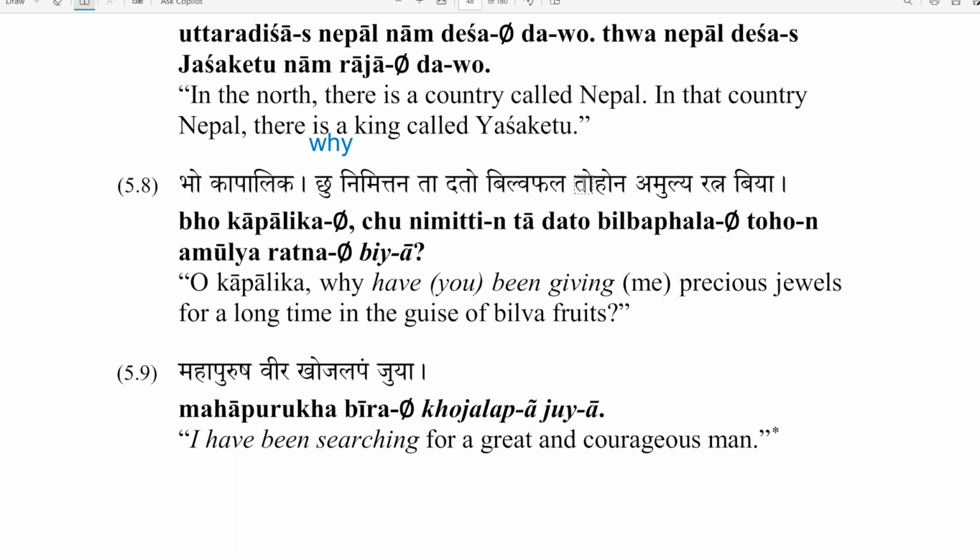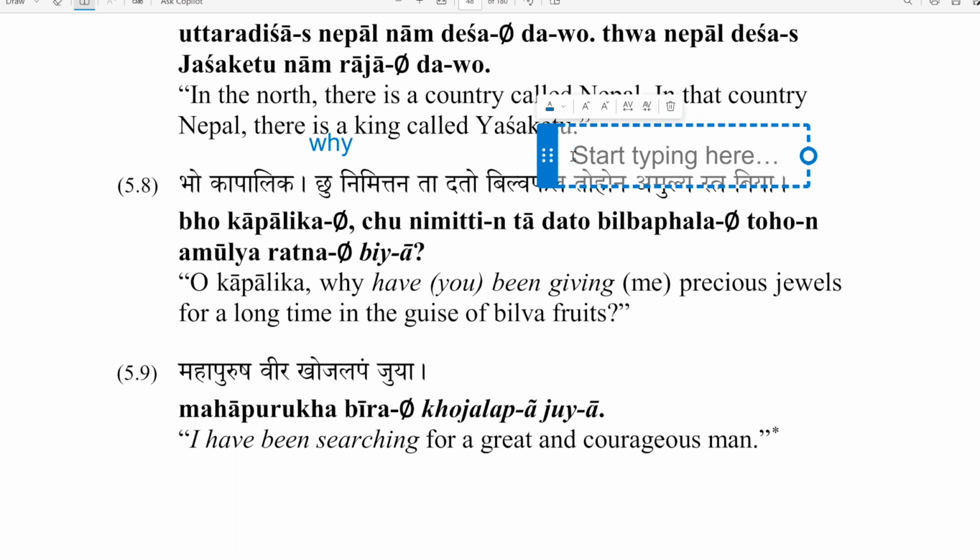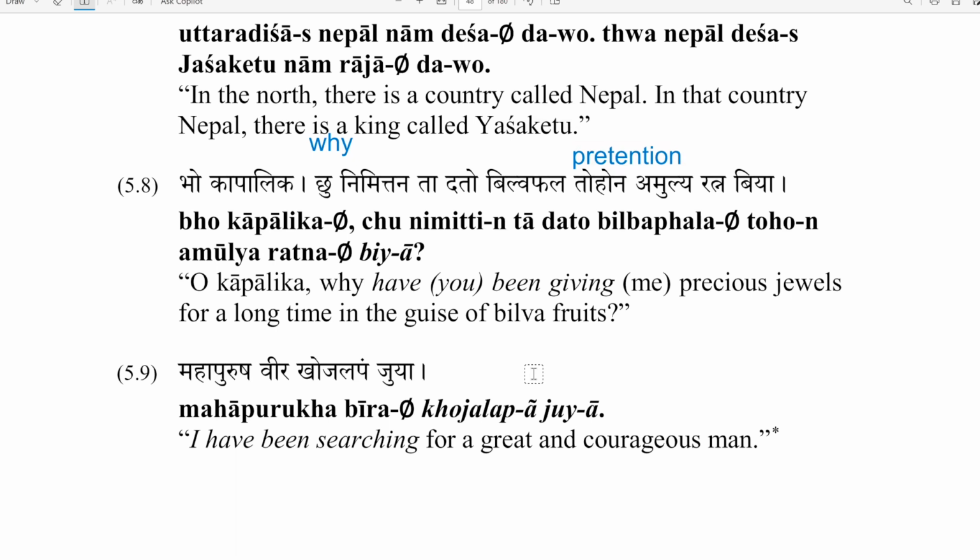And doho is pretension, in disguise. So in the story, the Gabaliga put the jewels, Amulia Radana, five very precious jewels, in the bilva fruit, and he gave it to the king every day.